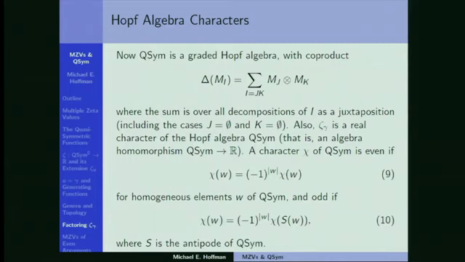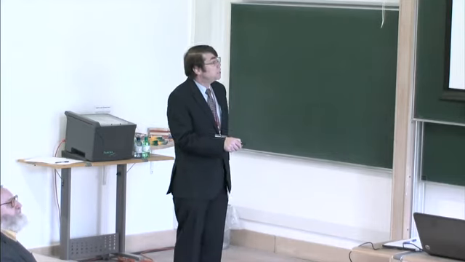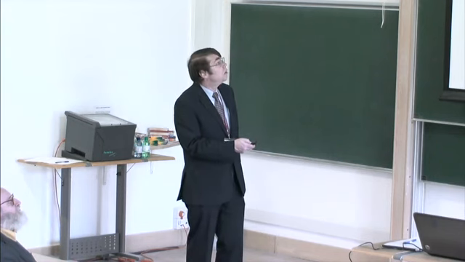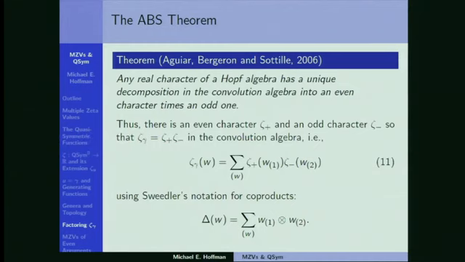And that's my capital S. So there's a theorem due to Aguiar, Bergeron, and Sottile that says that if you have any real character of a Hopf algebra, you can uniquely factor it in the convolution algebra into an even character times an odd character, which means that there's a factorization of my extended zeta into an even character, which I'm calling zeta plus, and an odd one, zeta minus.